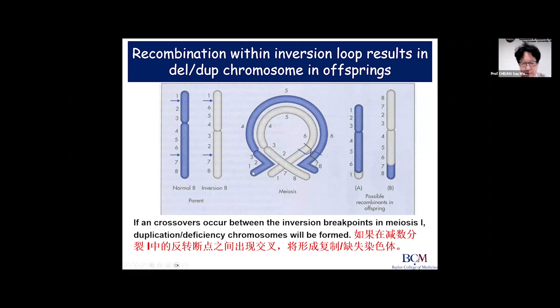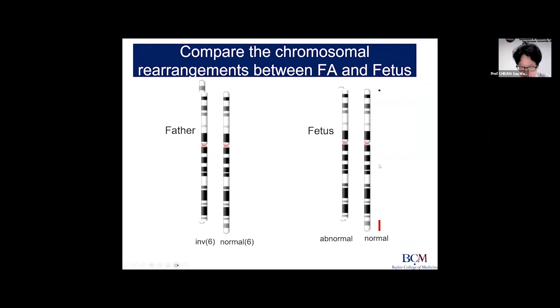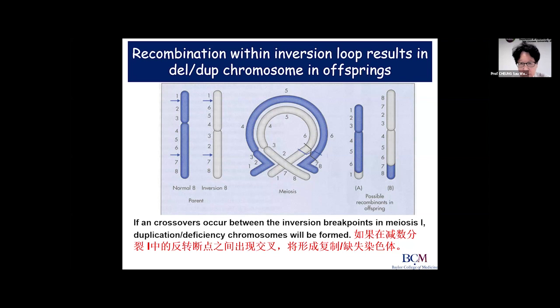So you would have 2 possibilities. If crossing over occurs between the inversion breakpoints in meiosis 1, duplication and deficiency chromosomes will be formed. So this is the duplication, because 8 and 8. Deletion, because in this one, you miss the 1, right? You have the 8 and 8, and you're missing 1. And here you have 1 and 1, you're missing 8.